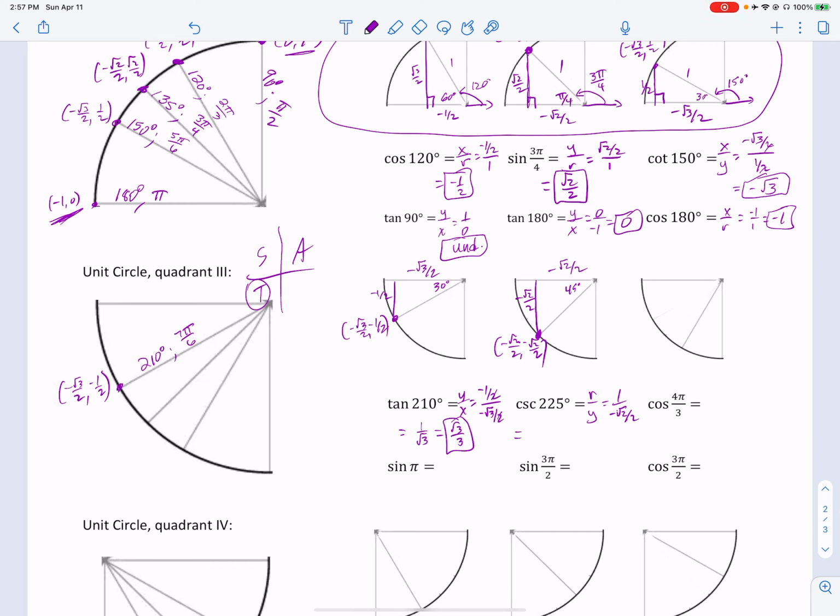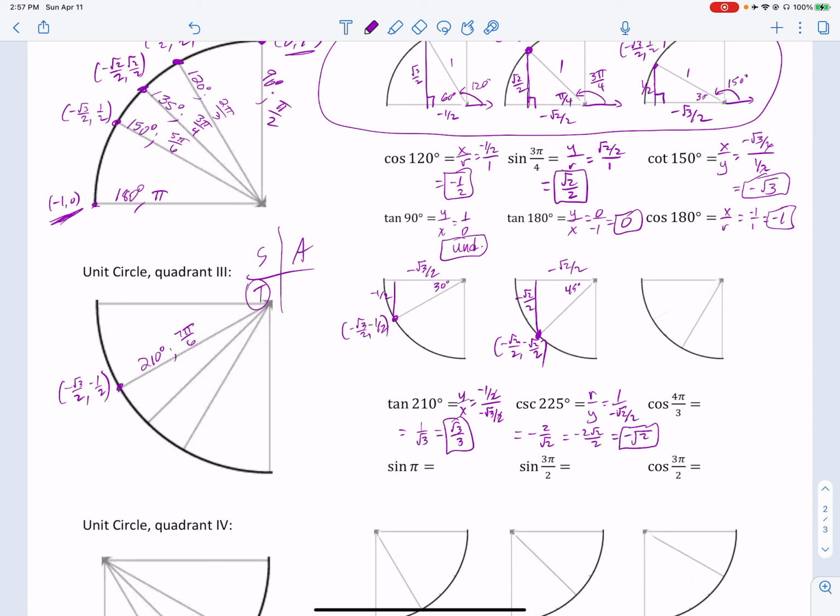And so you end up flipping that, getting a negative 2 over root 2. And when you rationalize that, you get a negative 2 root 2 over 2, which is a negative root 2. There we go. So negative root 2.